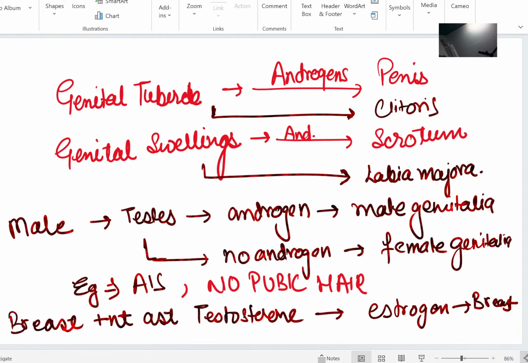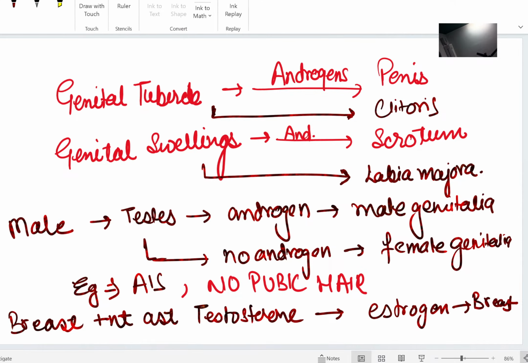Okay. Now these are the two structures, genital tubercle and genital swelling. They are present at 6 weeks in both male and female. If this genital tubercle gets the presence of androgen, if in the body androgens are there and they act on the genital tubercle, then what will be formed?